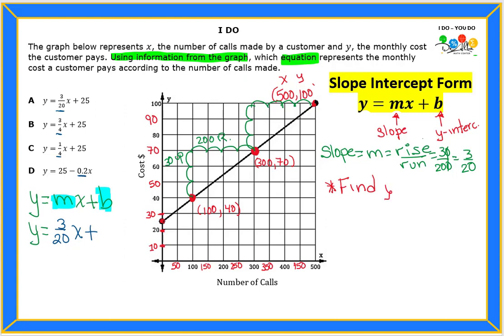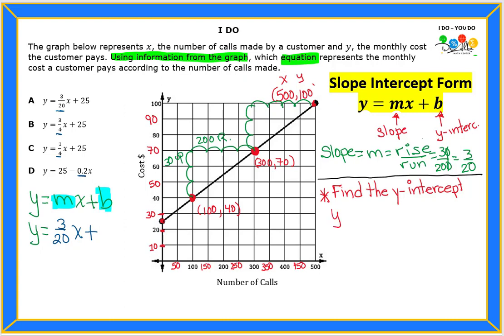Find y-intercept, okay? Okay, before I go on to my question, I'm gonna make a line here just to help us divide the slope and the y-intercept, okay? So now we're ready to go. I need to find one point from the graph that I'm gonna use on my equation, right?